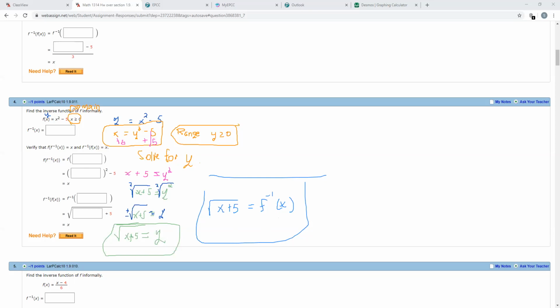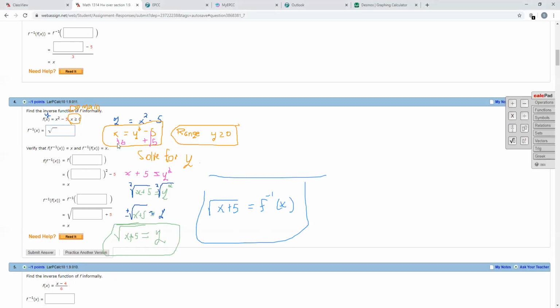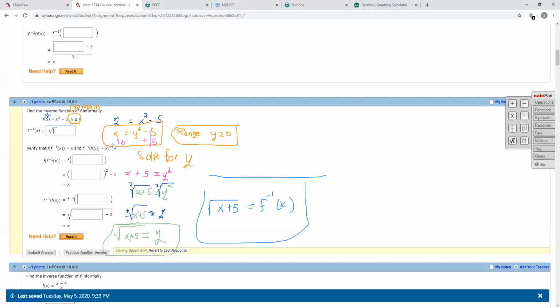So if they told us the name of the initial function is f, then the name of this new second function, which we know is the inverse of f, we might as well be more specific and write f to the -1 of x, which means f inverse. So that's what goes right here. And we write the square root of x plus 5.